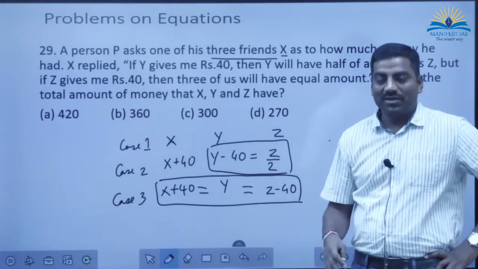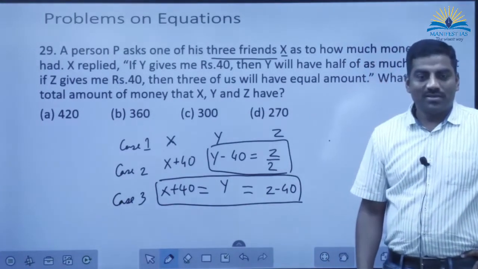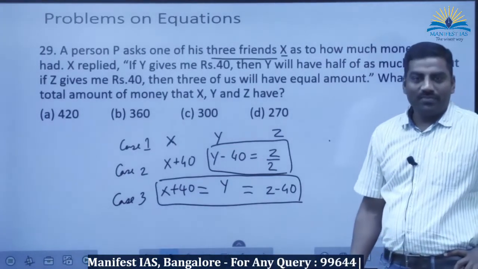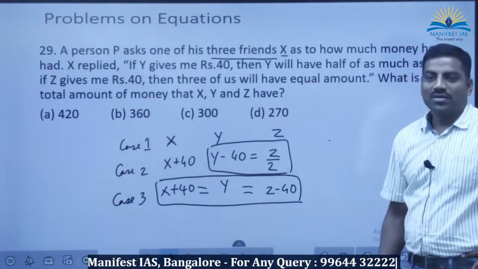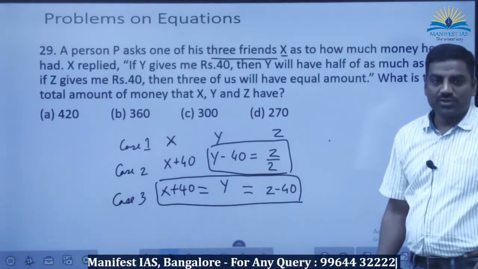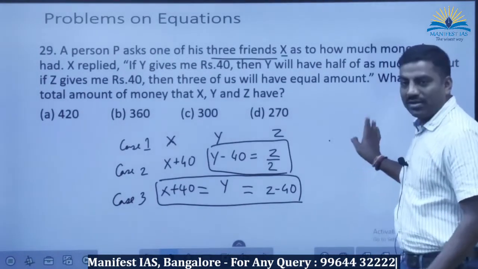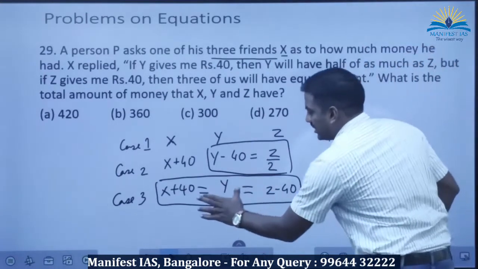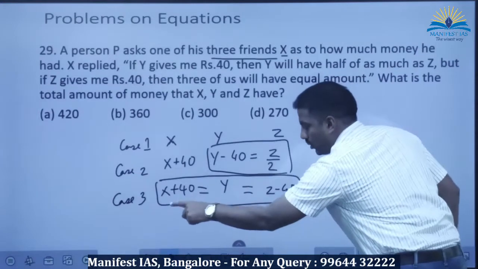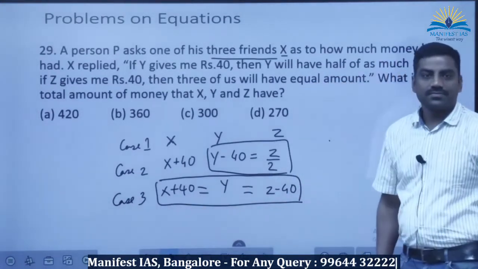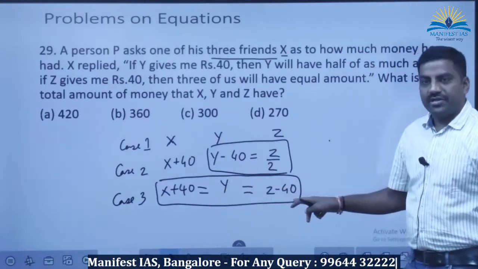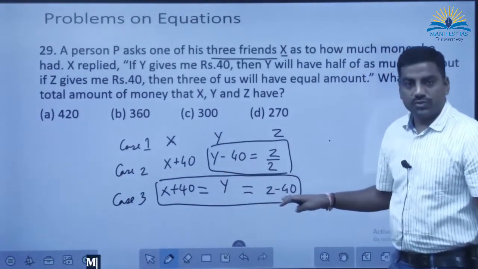Tell proudly, tell bravely. 2 equations? I don't agree. 3? I don't agree. There are 4 equations totally. This is one, done. One more equation is this. One more is this. So 3 different terms, 3 equations we'll get.